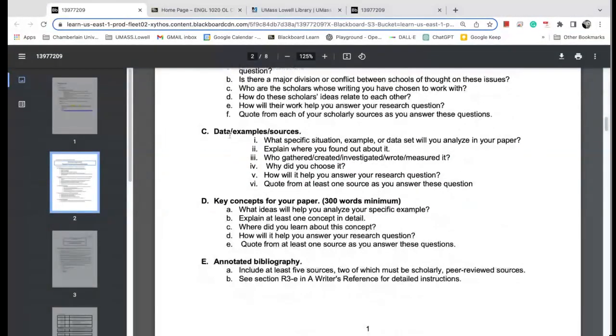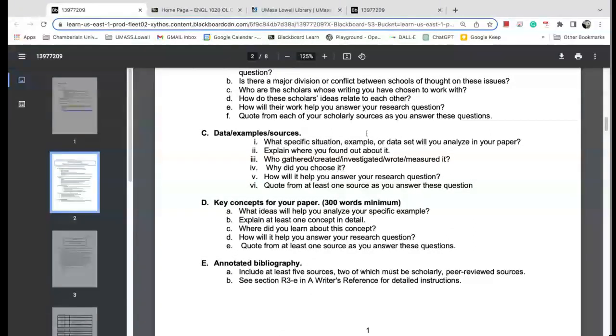Okay, so then you need to find some specific examples. You need information, data, that you can use to talk about it. So I need to find a study that deals with artificial intelligence and higher education, or a study that talks about what ChatGPT can do or not, and what it might do.